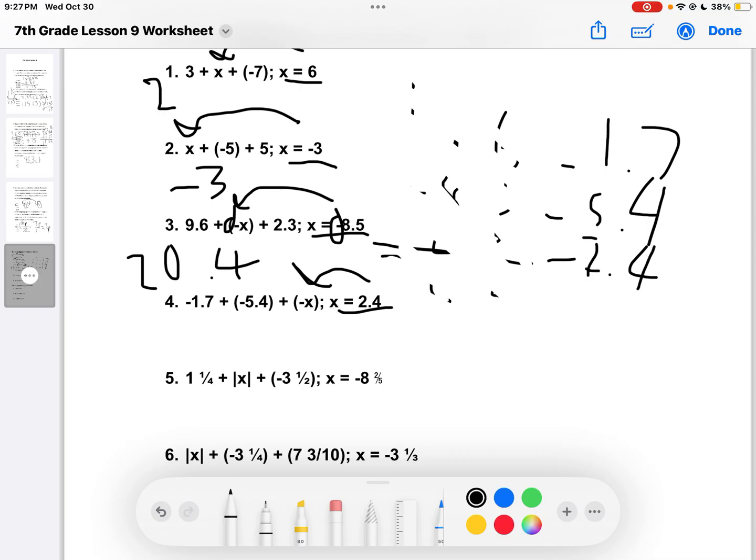Every time we have all negatives and we add it, you're just adding it. So we'll add all of this and put a negative sign at the end. 7 plus 4 is 11, plus 4 is 15. Out of 5, carry the 1. 1 plus 1 is 2, plus 5 is 7, plus 2 is 9. So it'll be 9.5, and you add a negative, so it'll be negative 9.5.